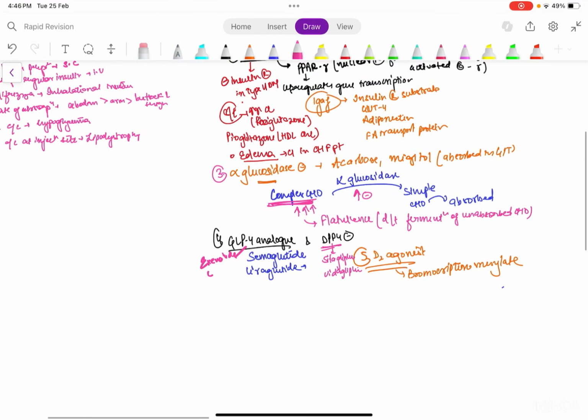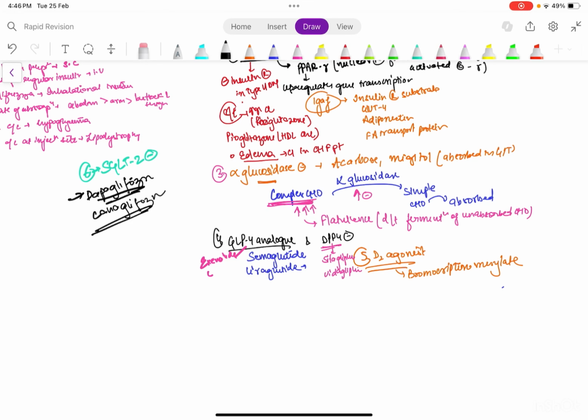Now here we have one more, the sixth, which is the SGLT2 inhibitors. Now SGLT2 inhibitors are dapagliflozin and canagliflozin. SGLT2 basically transports glucose.